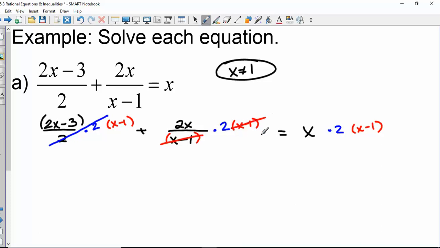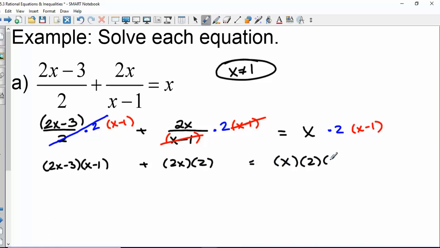So then that x minus 1 would cancel there. Are my fractions gone? Yes. So what I'm left with, here we have 2x minus 3 times x minus 1. Here I have a 2x times a 2. Over here I have an x times 2 times x minus 1. So we just have to start multiplying all this stuff out.